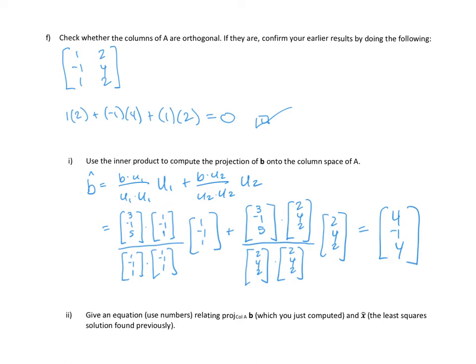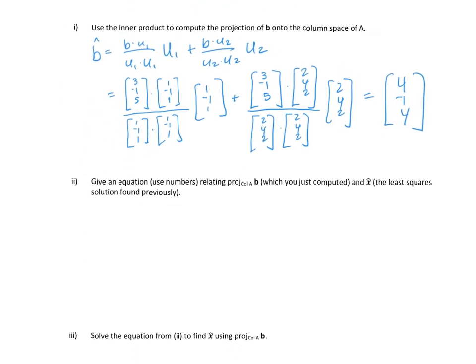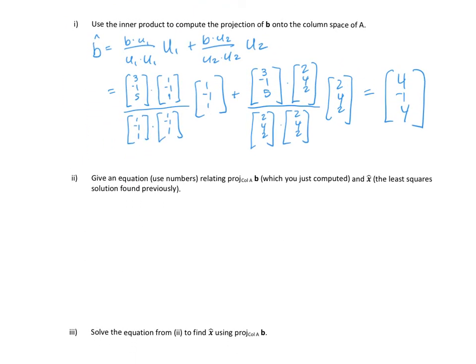By calculating the projection of B onto the column space of A, now I can give an equation using numbers only, relating the projection of B onto the column space of A, the 4, -1, 4, and the x hat. Okay, so I can say A x hat equals B hat.